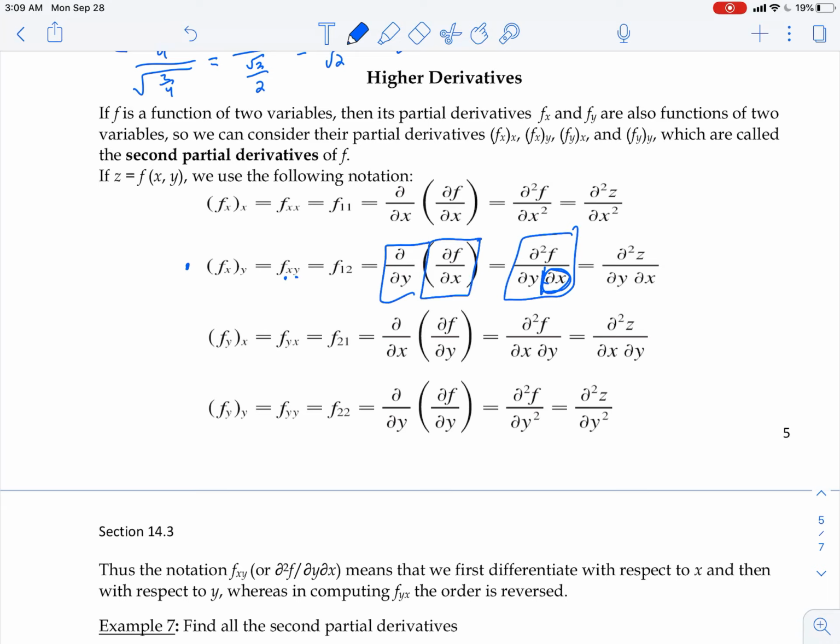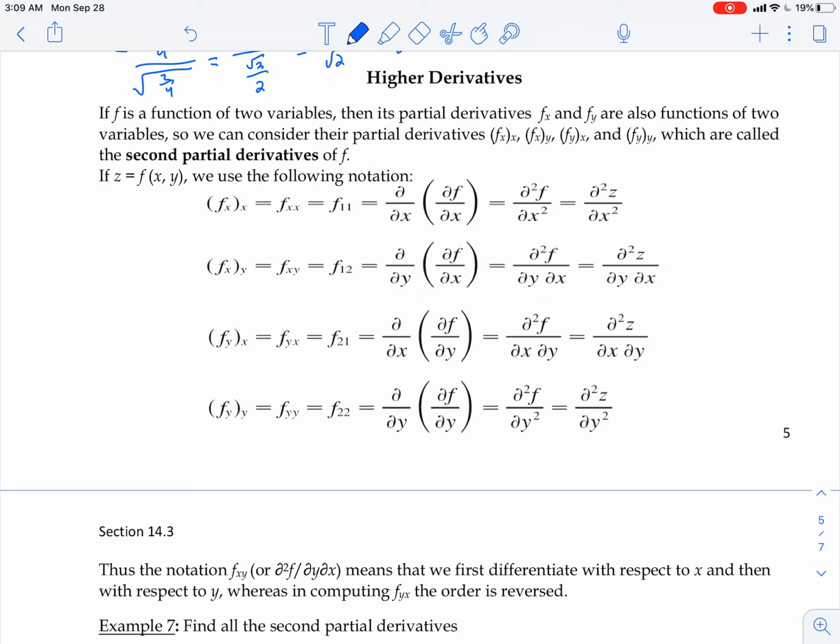We're used to reading things from left to right, but in the Leibniz notation, it's kind of reading right to left, as opposed to left to right in the Newton notation.